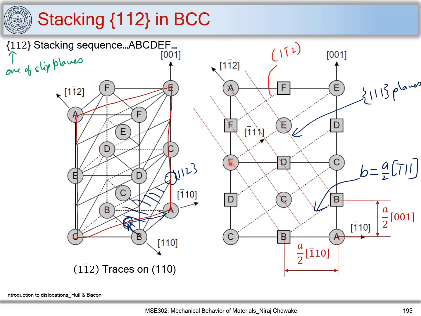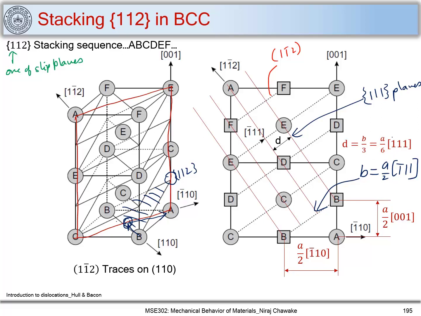So you know that from E to E is a Burgers vector. So this is divided into three parts. So the distance between these two consecutive planes will be b by 3. So this d I am talking about. So this d will be b by 3 and its magnitude will be A by 6 111. So here in this case, let us correct it there.